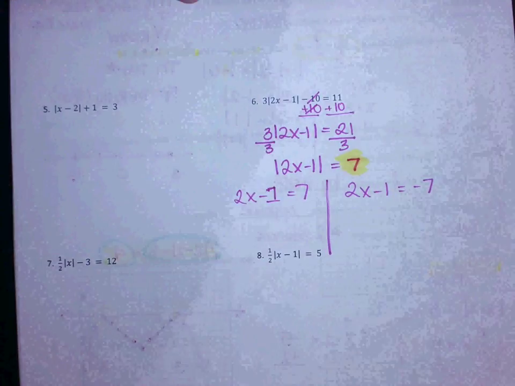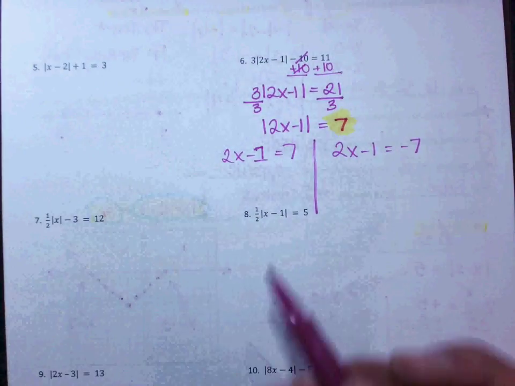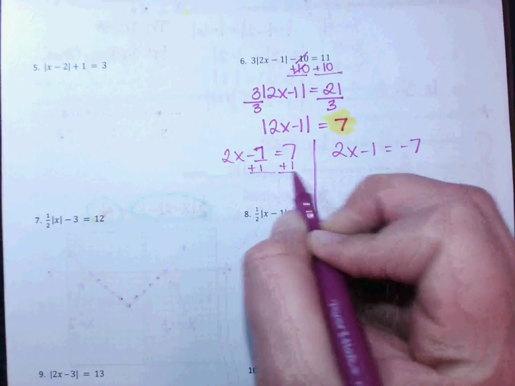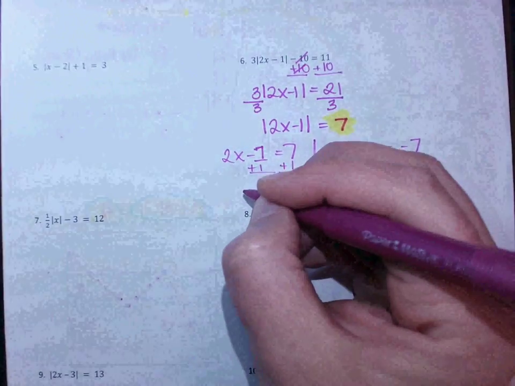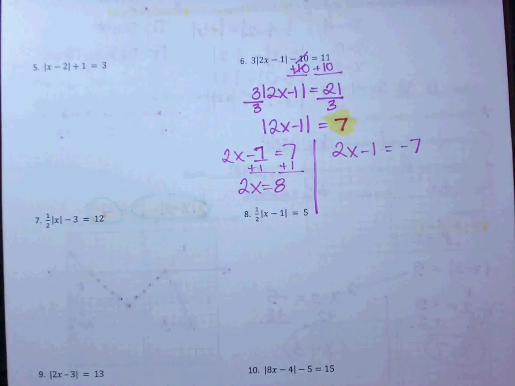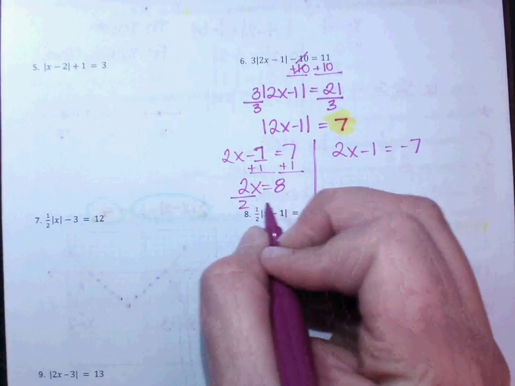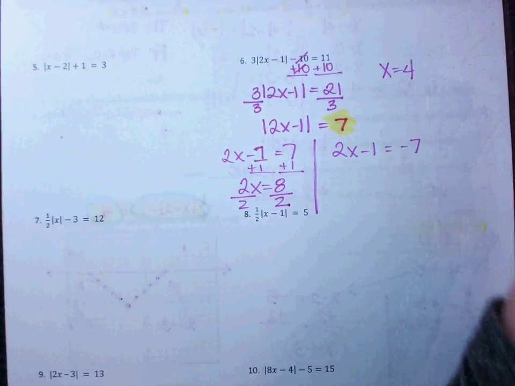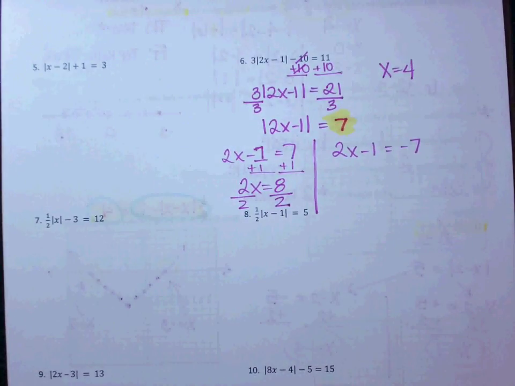So let's do the positive 7 side first. How do I get rid of this minus 1? Plus 1. What is 7 plus 1? Then 2x is 8. What would I do last? And x is going to be, I'm going to put it at the top here since I ran out of room, 4.